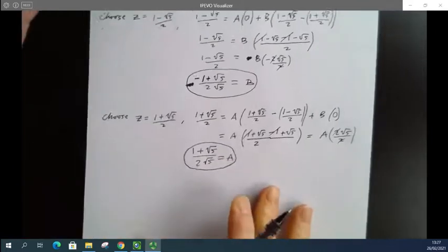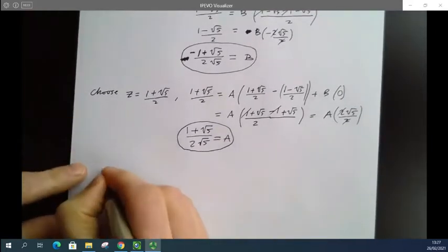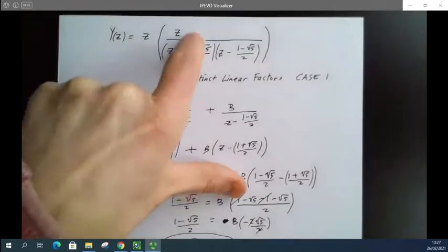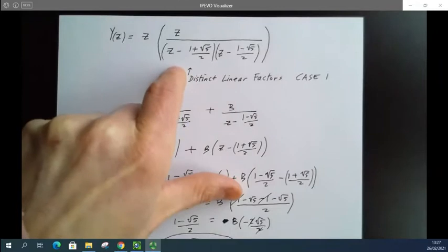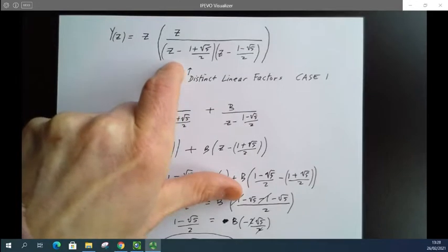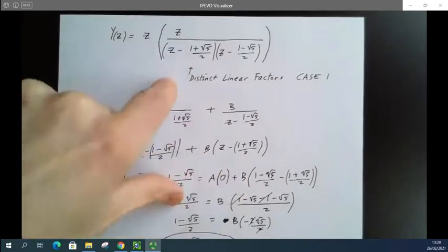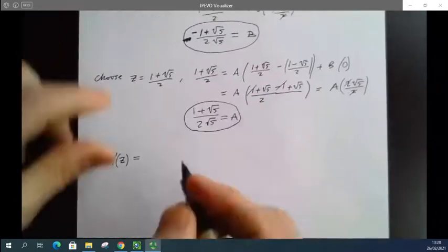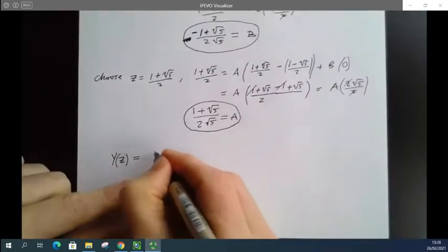Okay, now I can write my y of z. Remember, I took the z out earlier on. I'm going to pull it back in again. Remember, we have a z outside.